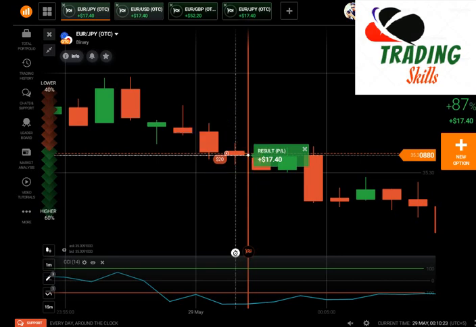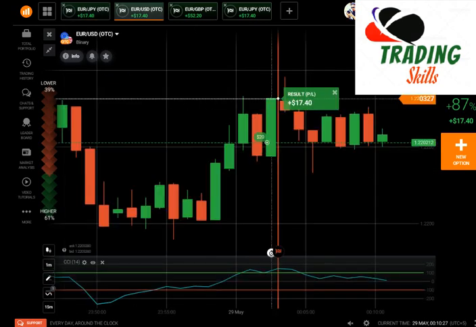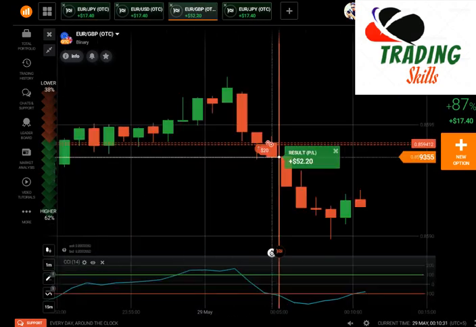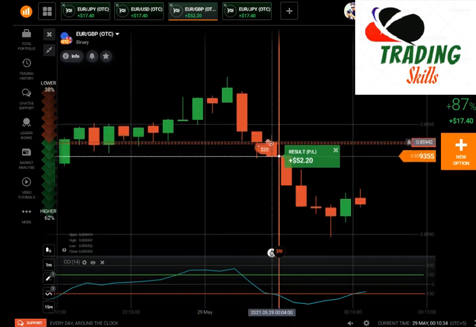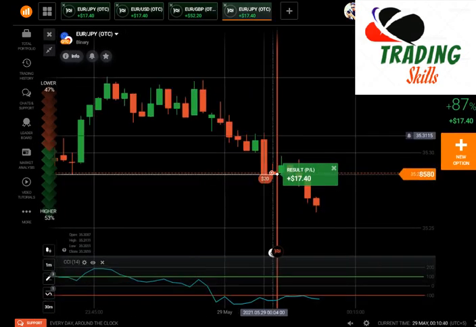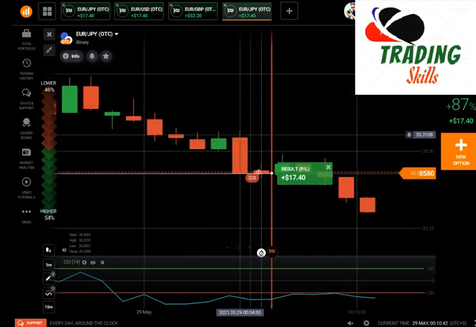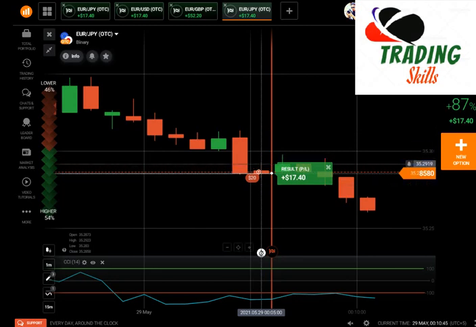Because of that I got here an ITM. Now you can see again I followed a strong candle. Now you can see the market went up. Again I followed a strong candle move. So this candle worked as a sign of continuation. Now you can see again I followed a strong candle, and what I got here is a winning trade.